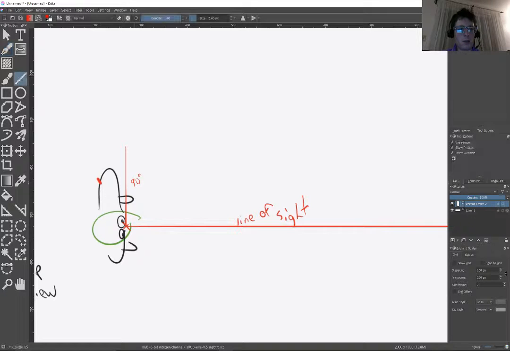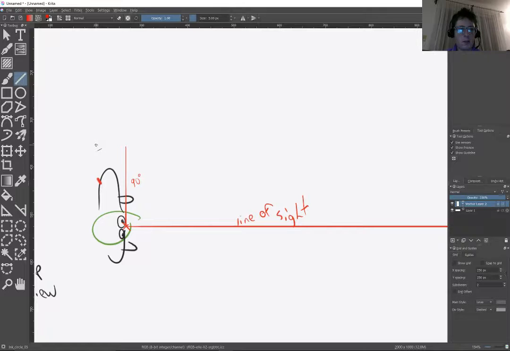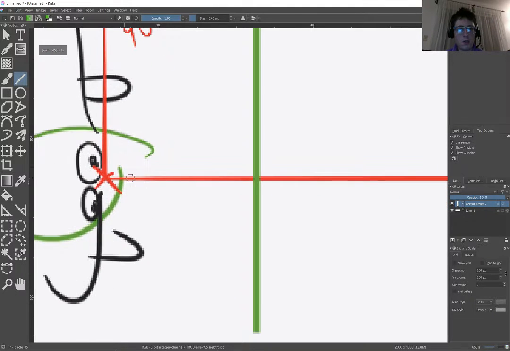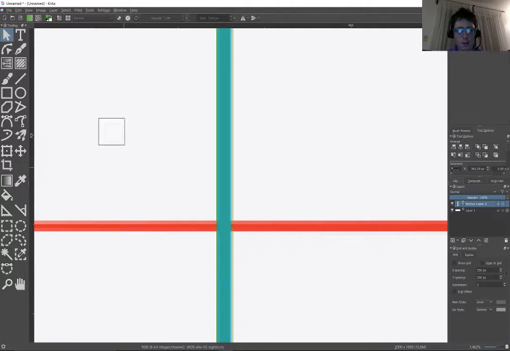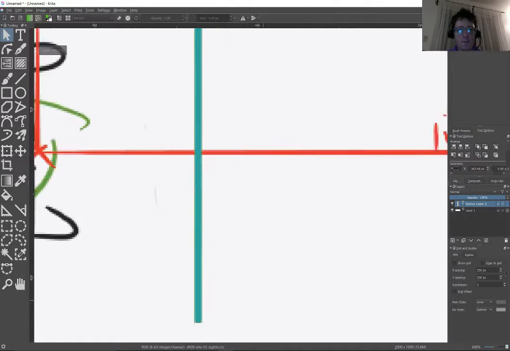Let's make them a nice green color, perhaps. And I'm going to try and make this exactly in the center. Something like there.